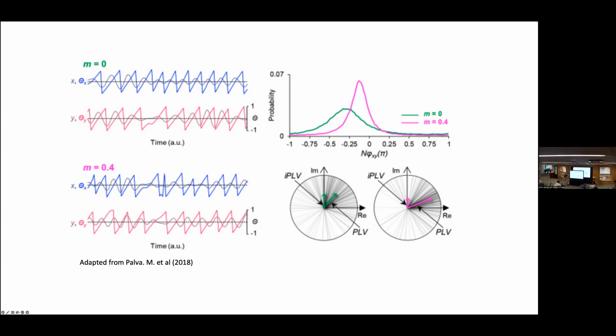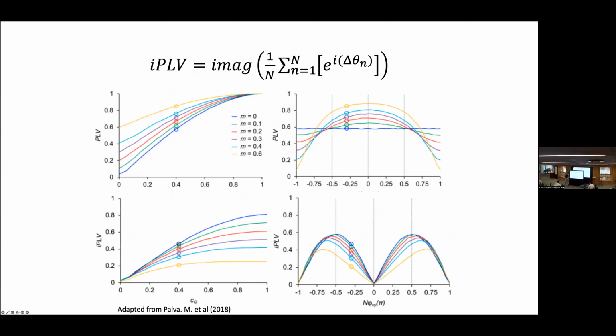A really crude way to deal with this is to just take the imaginary part of the phase locking value. The imaginary part is not going to be affected by the source mixing. So here you can see the difference, especially to the right, between the PLV and the imaginary part of the PLV.